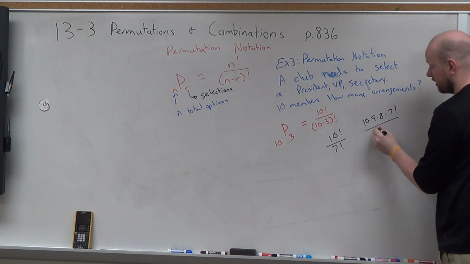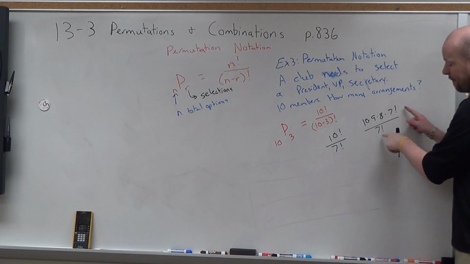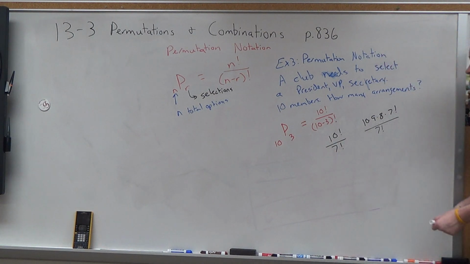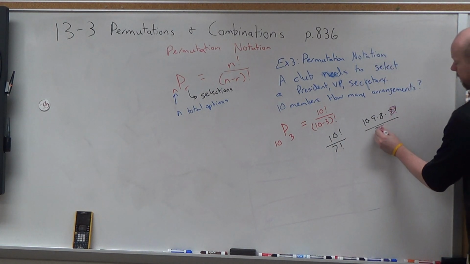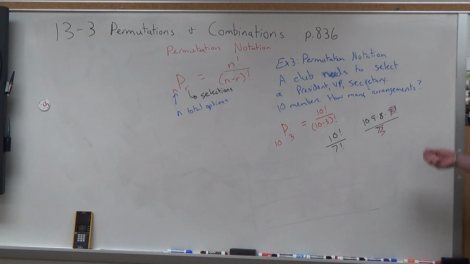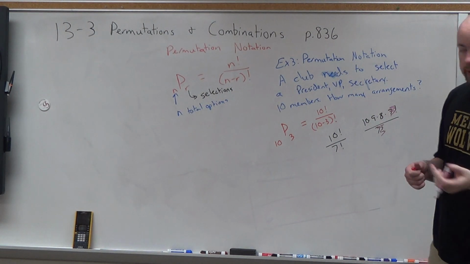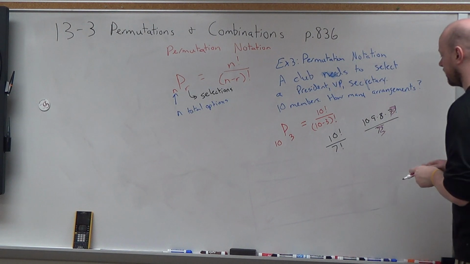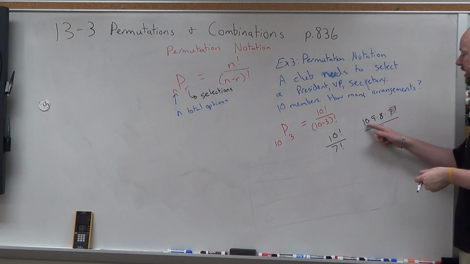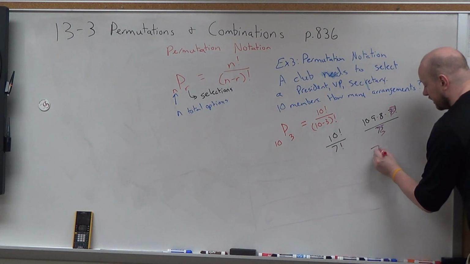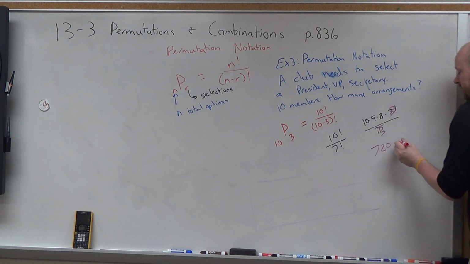Well, if this bottom is also 7 factorial, what can happen with these two 7 factorials? They can just be simplified out. So instead of doing 10 factorial, enter, divided by 7 factorial, enter, I can just do some logic there, so I know that my answer is going to be 10 times 9, which is 90, times 8, which would be 720. There are 720 different arrangements.